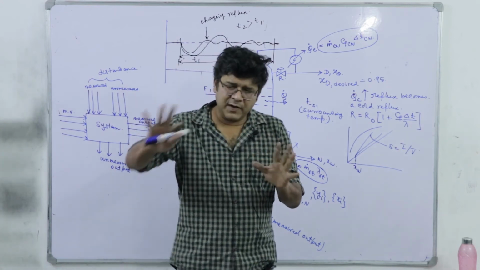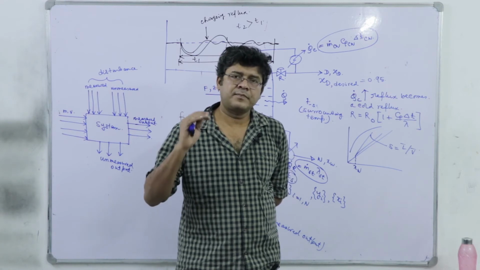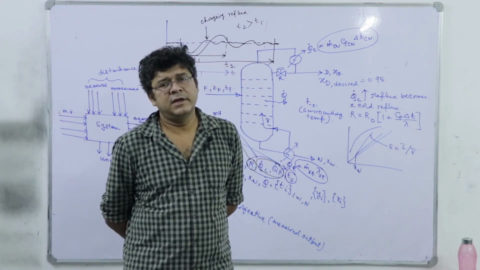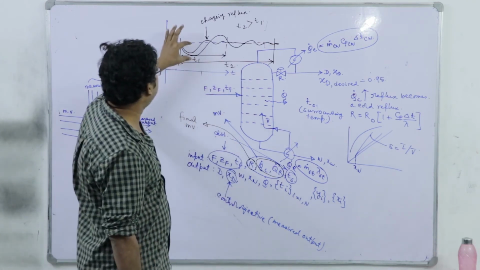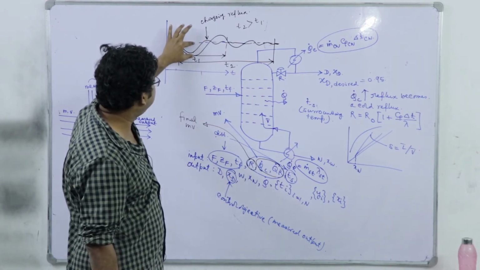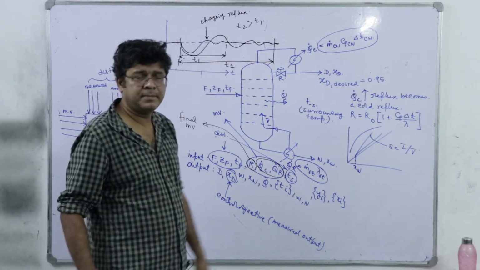So what if I break it down into steps? What are the steps? First, I have to measure it. Next, I have to calculate the error, that is what is the shift of this xd from its desired value. So, it is negative or positive, whatever it is.